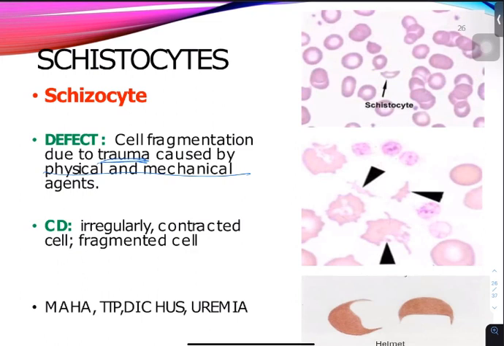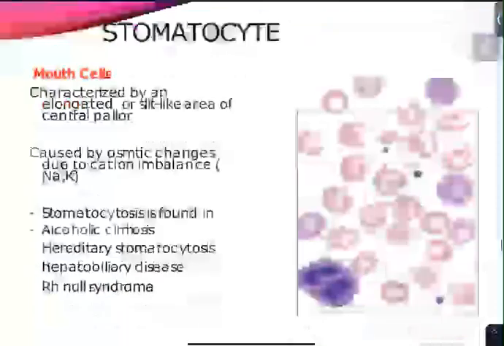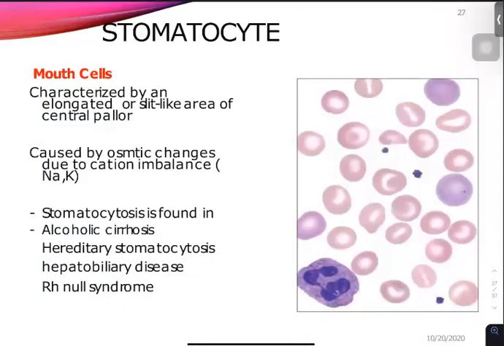Found in your MAHA, microangiopathic hemolytic anemia, TTP, okay, HUS, uremia. Also, you can also see this in your extensive burn. Okay, schistocyte.